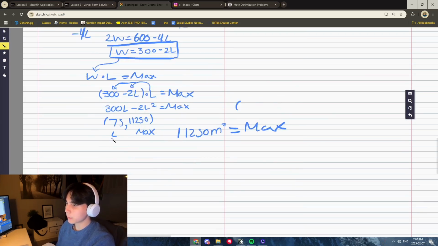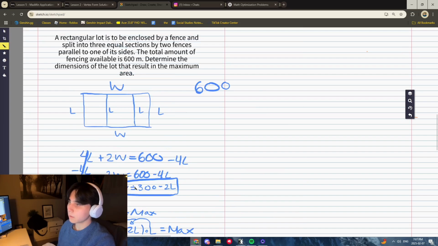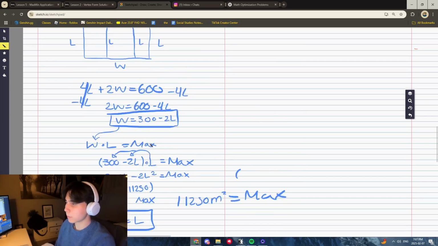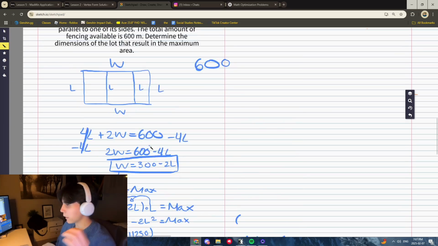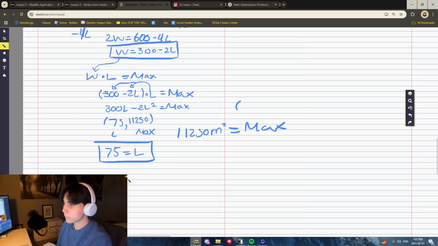And now we actually have to figure out what to do with our length being equal to 75. You're going to remember in our original equation, we need to find the lengths that optimize the area, but also fall under the criteria such that you don't overuse the 600 meters of fencing, right? So our original equation for perimeter was 4 times length plus 2 times width is equal to 600.